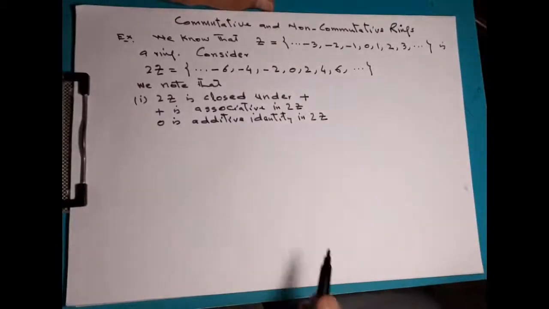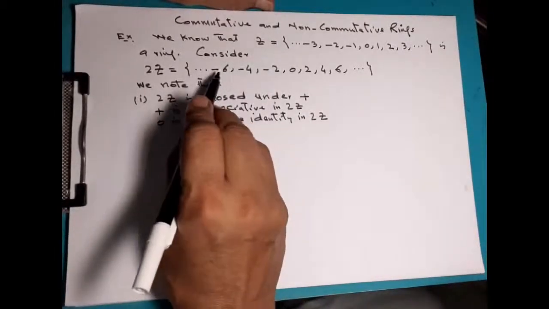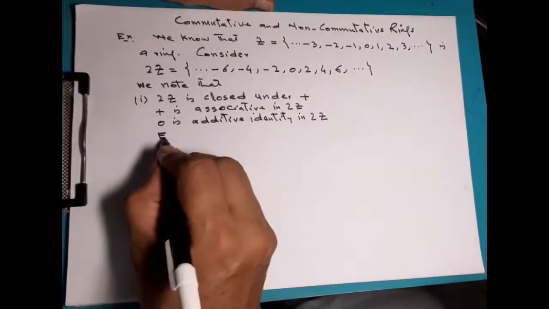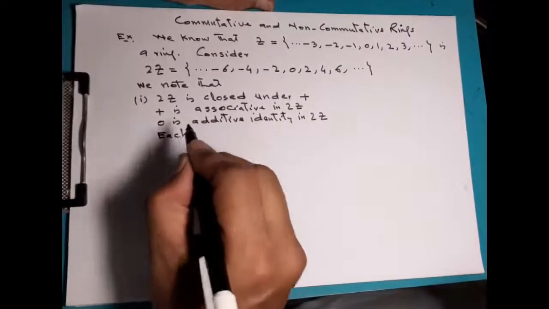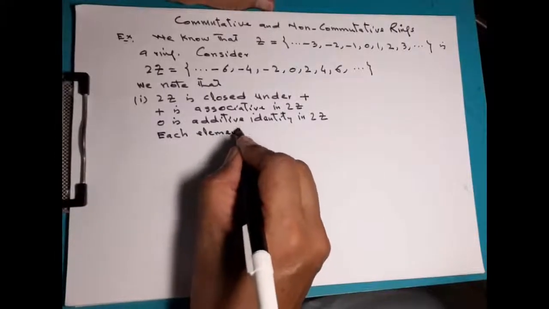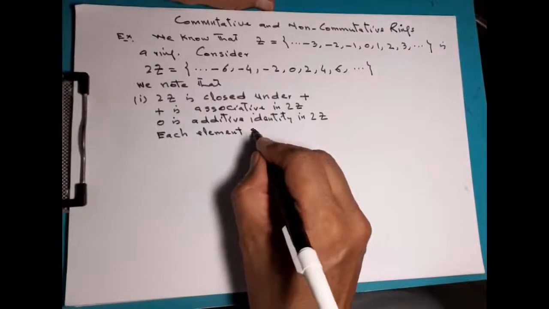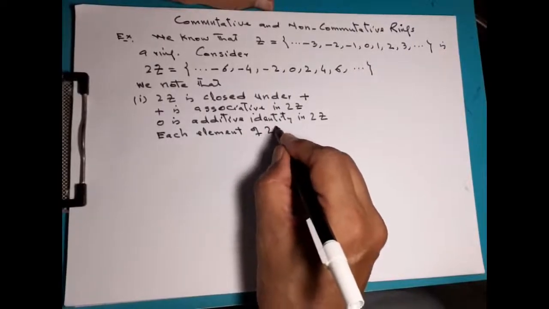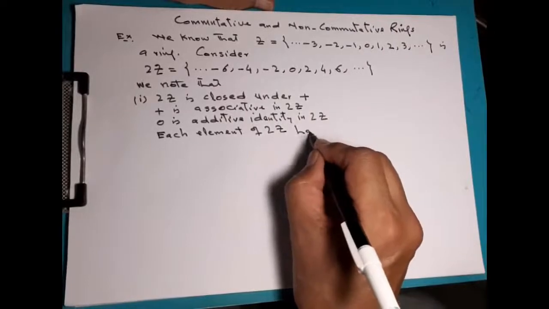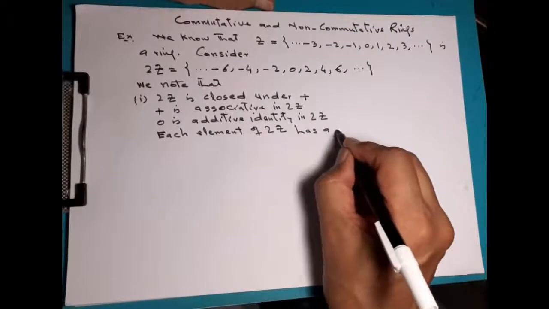Further, each element of 2Z has an additive inverse in 2Z.